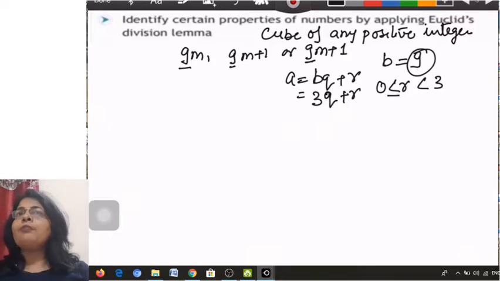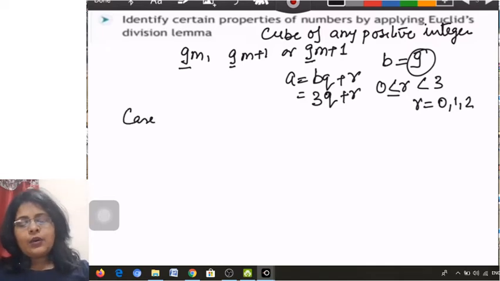That is why I am trying to explain it nicely, so that you do not face any problem while solving. Instead of 9 cases, how many cases will we have? 3 cases: 0, 1 and 2. We will do it in the same way: case 1, case 2 and case 3.